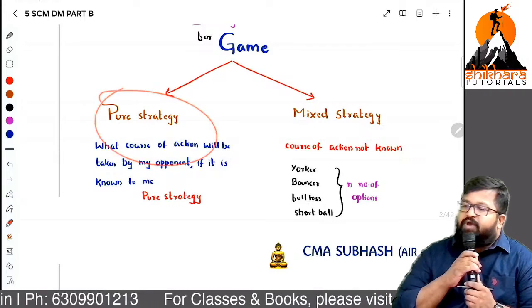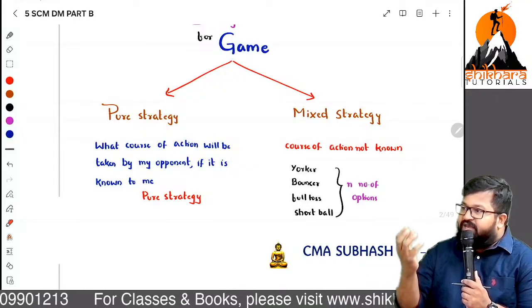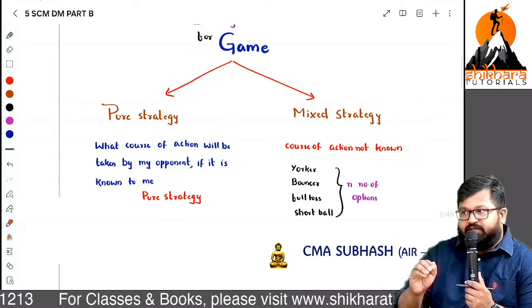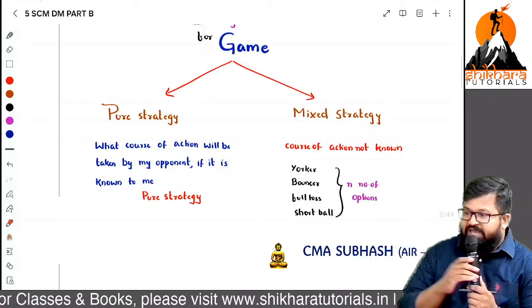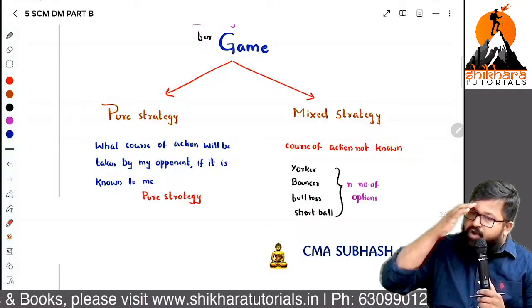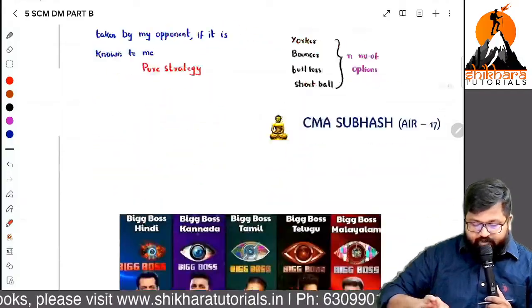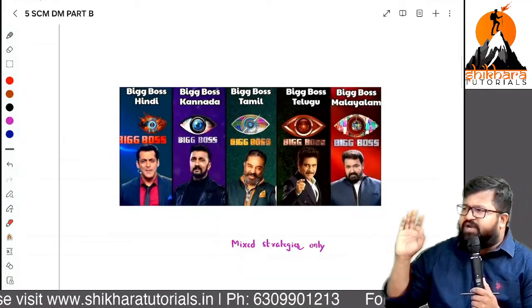If you do not have an idea of the course of action taken by him, then we add an element, that is probability. We assess them, use probability and make some estimations. In that case, it is known as mixed strategy.